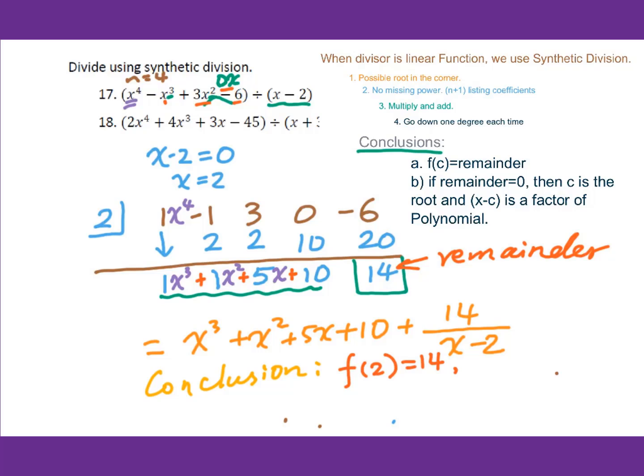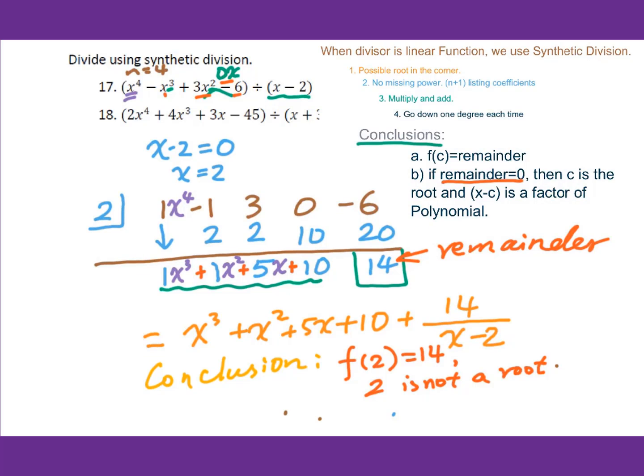Then, if the remainder equals 0, then c is the root. Since the remainder is not equal to 0, therefore, 2 is not a root of this polynomial. In other words, x minus 2 is not a factor of this polynomial.